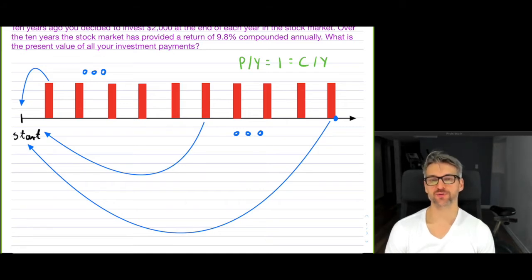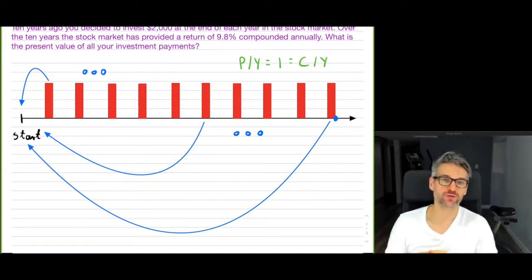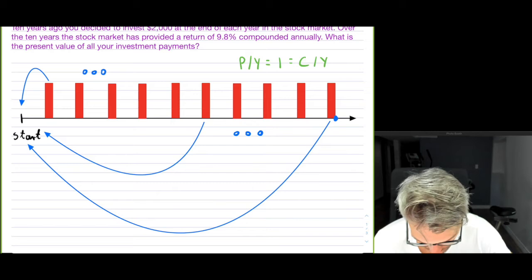With future values, we were bringing everything towards the end, and we definitely didn't want to do 10 different calculations and then add them up. So we have created a formula. Just like for your future values, we have a formula which will bring all the payments back into the present.